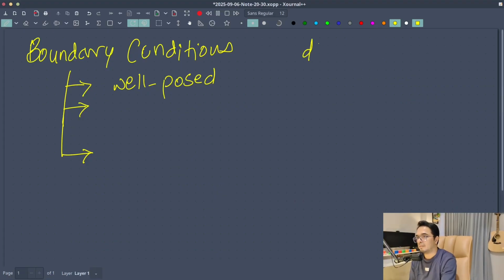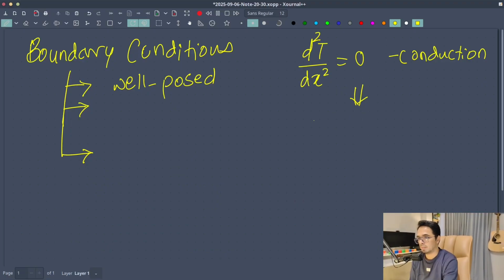Analytically, if we focus on this equation, a simple one dimensional conduction equation, and we integrate this twice, what would we get? We would get T is equal to c1x plus c2.